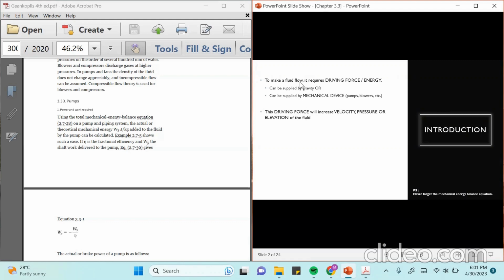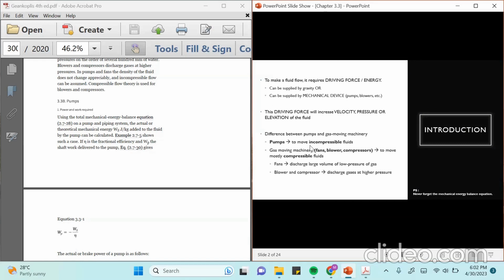If you have a vertical pipe, the fluid can flow directly from the top to the bottom of the pipe without any mechanical driving force needed. Only gravity is enough. However, if you want to make a fluid flow from the bottom to the top, or on the same level, then you require this mechanical device to increase the velocity of the fluid, the pressure of the fluid, and finally to increase the elevation of the fluid.